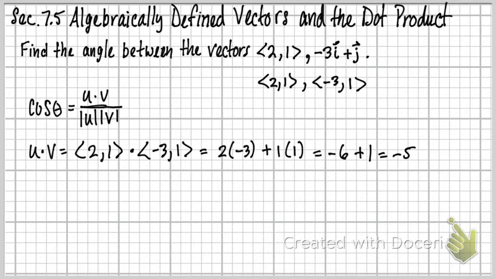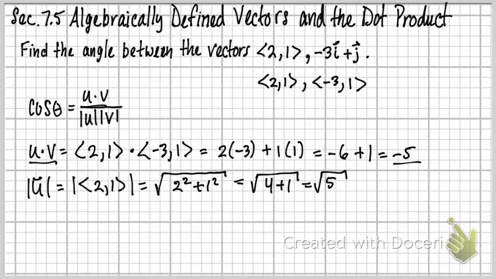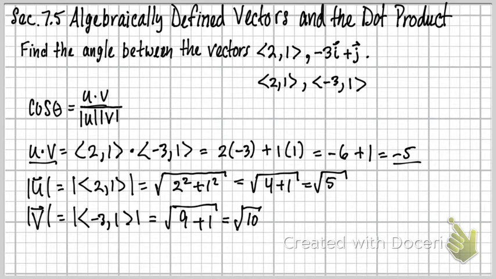And for that dot product, I ran through all the math here, and we get negative 5. So it equals negative 5. Now we're just going to find the magnitude of u and v. And for u, the magnitude of u equals the square root of 5. And the magnitude of v equals the square root of 10.